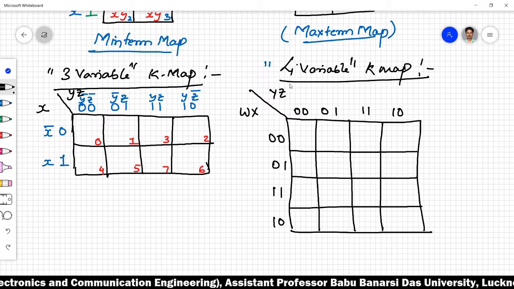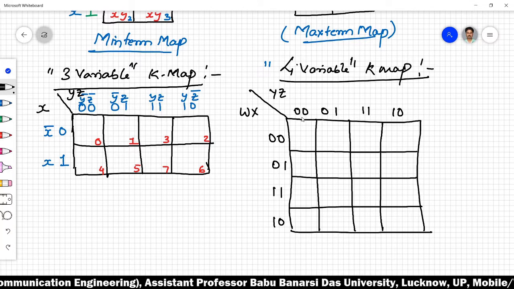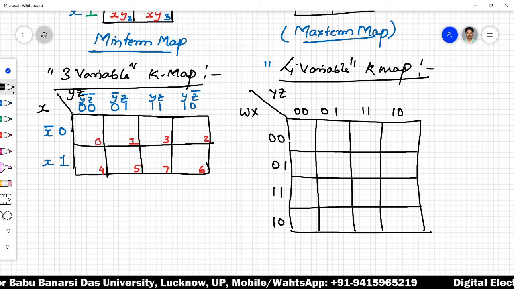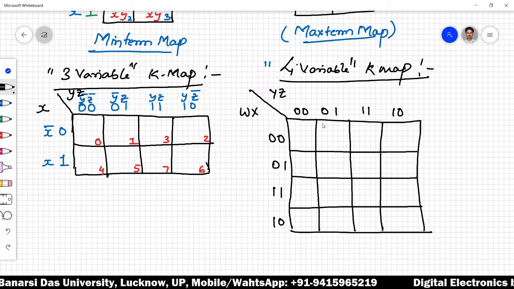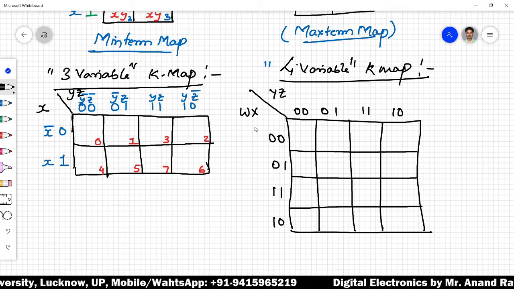That's why we are considering 0 0, 0 1, 1 1 and 1 0, not 0 0, 0 1, 1 0 and 1 1. So we are following the gray code pattern for simplification, making groups of adjacent cells. That is the beauty of this Karnaugh map.